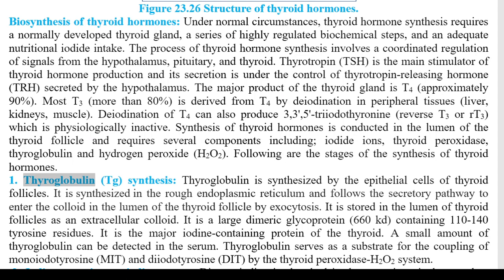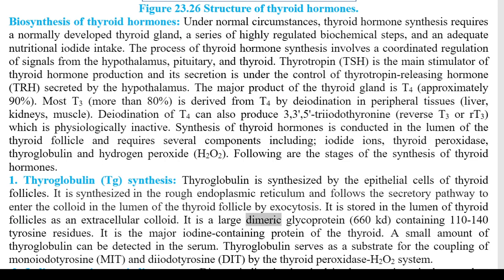1. Thyroglobulin, Tg, synthesis. Thyroglobulin is synthesized by the epithelial cells of thyroid follicles. It is synthesized in the rough endoplasmic reticulum and follows the secretory pathway to enter the colloid in the lumen of the thyroid follicle by exocytosis. It is stored in the lumen of thyroid follicles as an extracellular colloid.